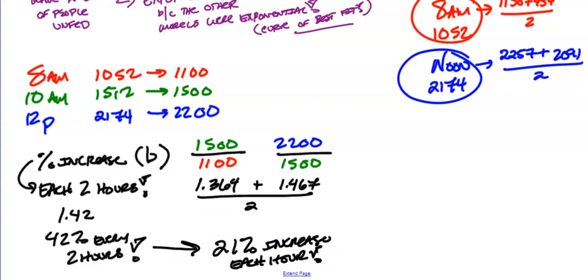So now we can build our equation, which is our tacos is going to equal. So then we have, this is every hour 21%. So the tacos are going to be our starting value, which is, we're going to go with 1100.